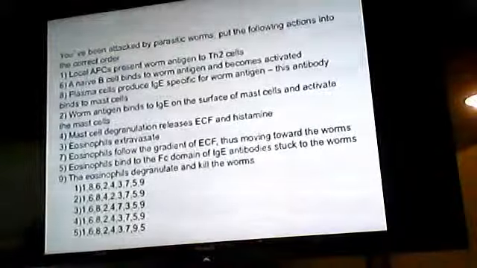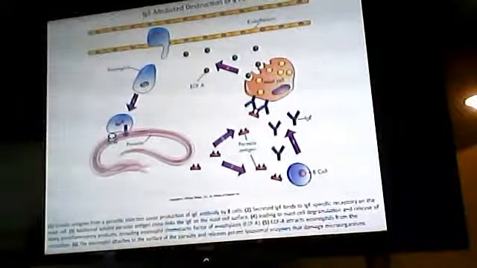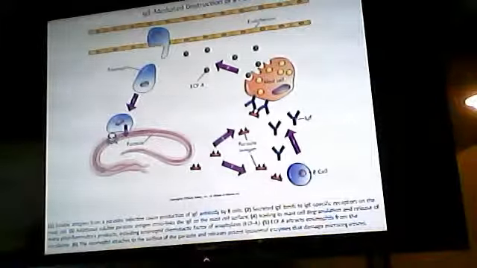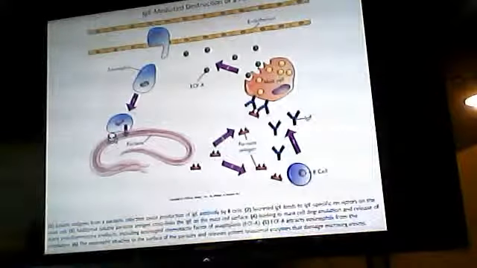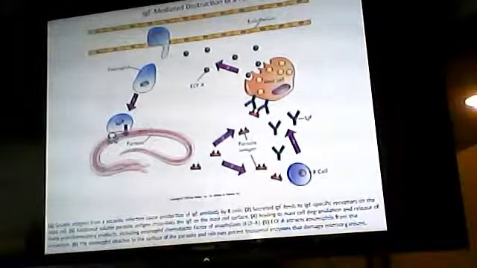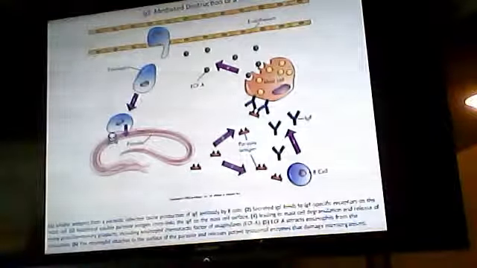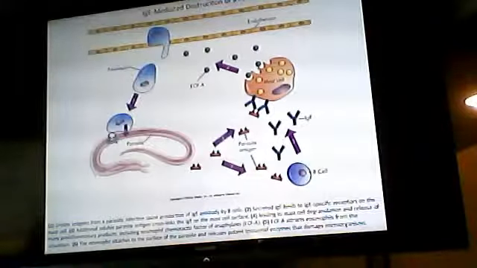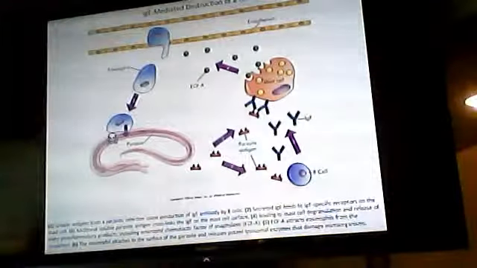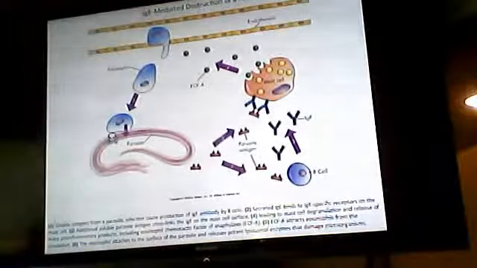Okay. Let's see. This is a diagram of the parasitic worm. Let's say a parasitic worm came, so what happens? The worm comes and it has some antigen floating around, something that says, oh, a worm is in the body. Then the antigen gets picked up by a B cell that happens to have a receptor for it, and it's like, oh, the antigen for a worm is in the body. I should produce IgE antibodies to combat it.